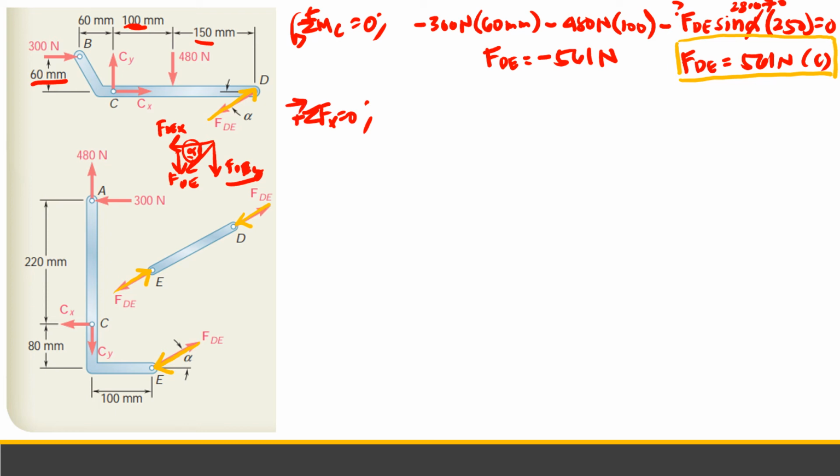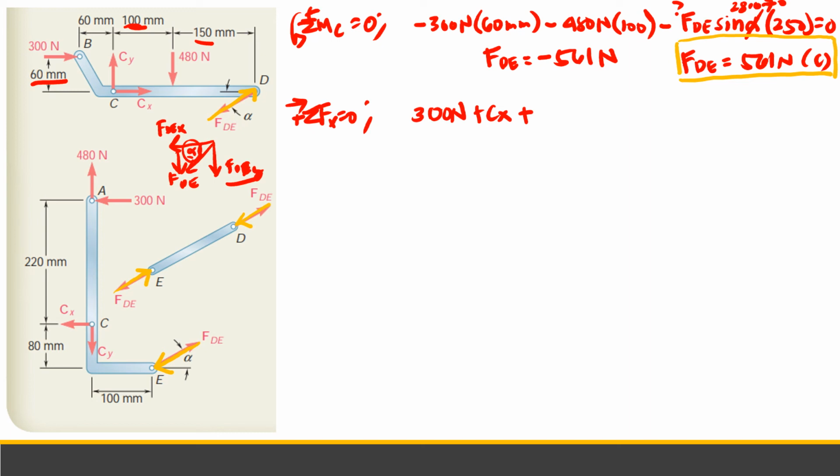So 300 Newton plus CX plus, since ito yung direction ng FDE natin, magiging positive na yung X component niya.